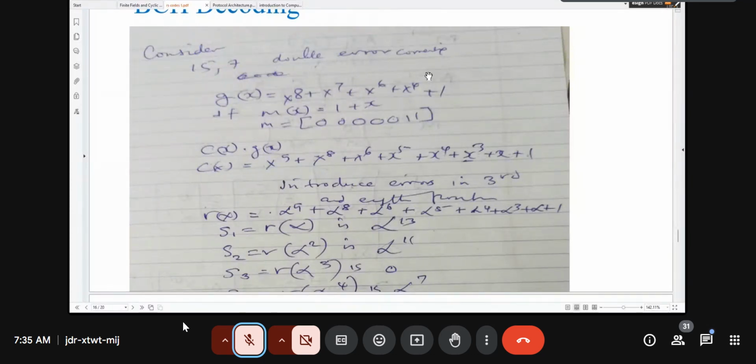So we have L equal to 2. It's a double error correction code, and remember we have 2T syndromes. So it means we're going to have 4 syndromes. We have to calculate those 4 syndromes.